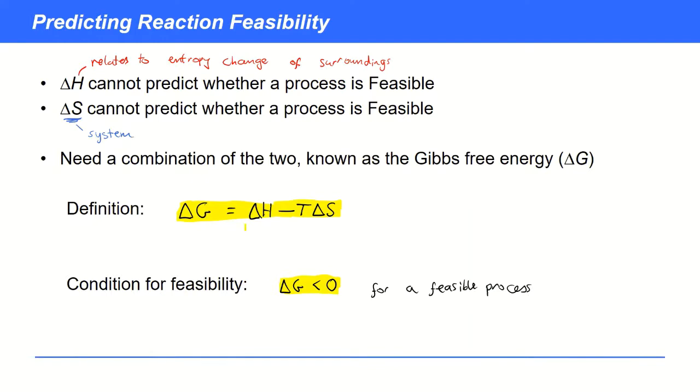Now, the final thing I just want to mention before we move off this slide is the numbers that are involved here. So we've got here enthalpy and entropy. We've also got here T, which is the temperature, and that's temperature in Kelvin. And the other thing that we need to be aware of as we're working through this is that enthalpy change is going to be in kilojoules per mole.